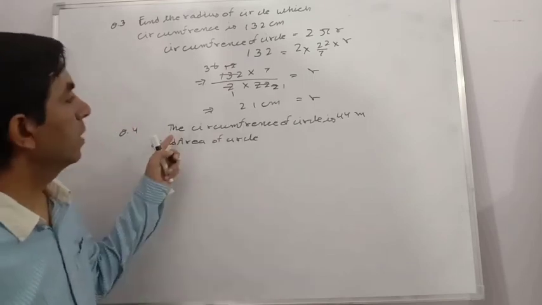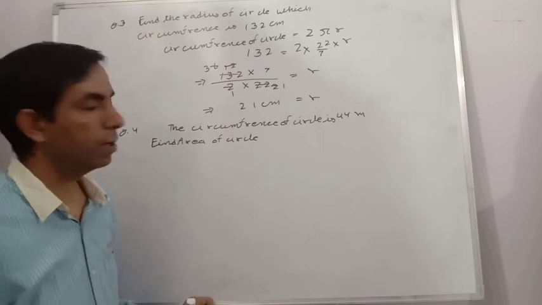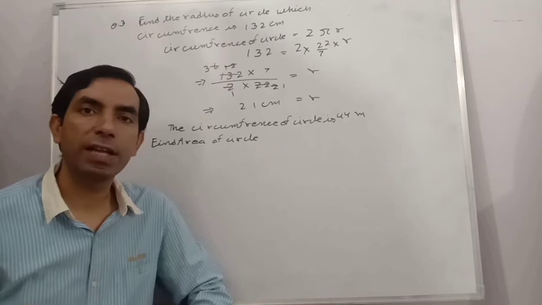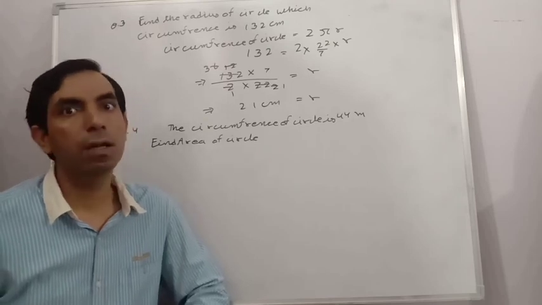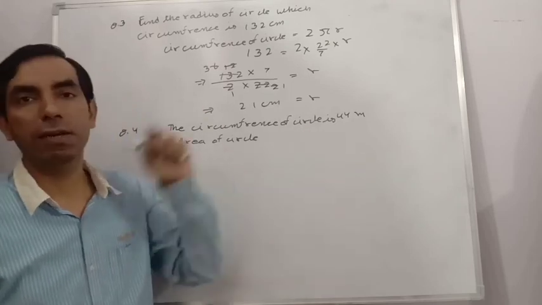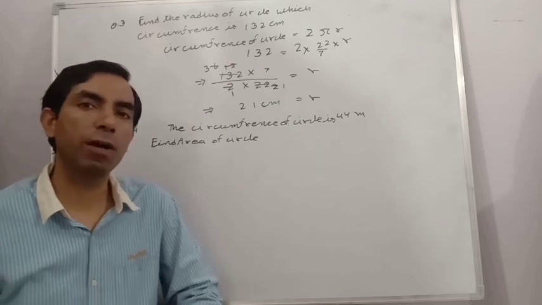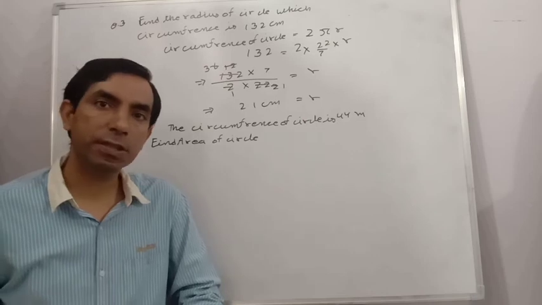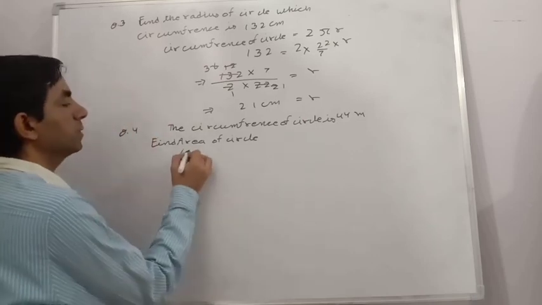Here it is given that the circumference of the circle is 44 meter and find the area of the circle. But here we have not been given the radius. But first, the circumference of the circle is given and we know the formula of circumference of circle. So first use the formula.